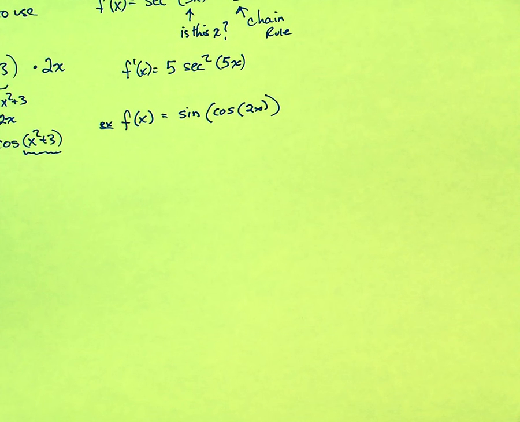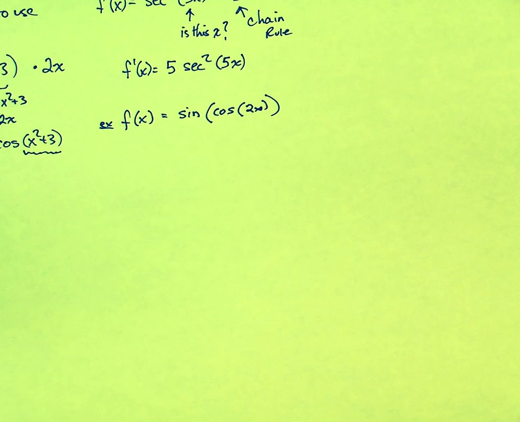What do you think? Would it be cosine of negative sine of 2x multiplied by 2? No. But you're kind of on the right track. Okay, Sean, let's see.